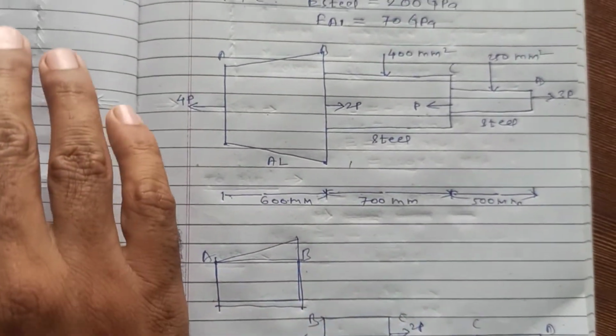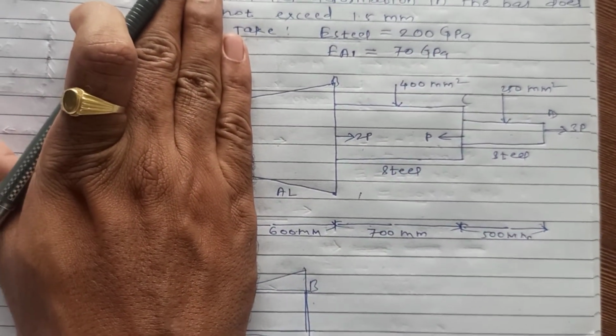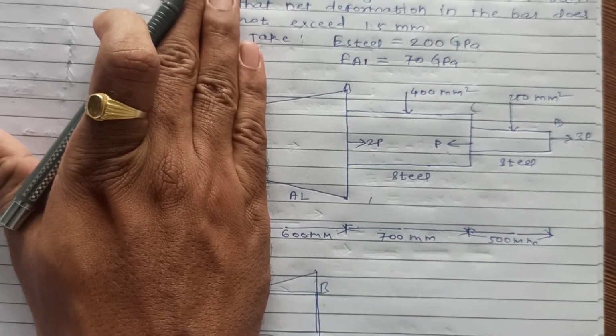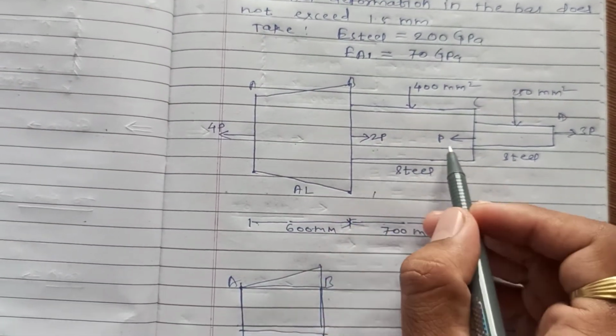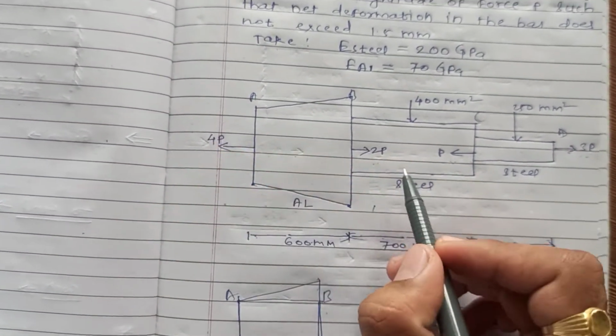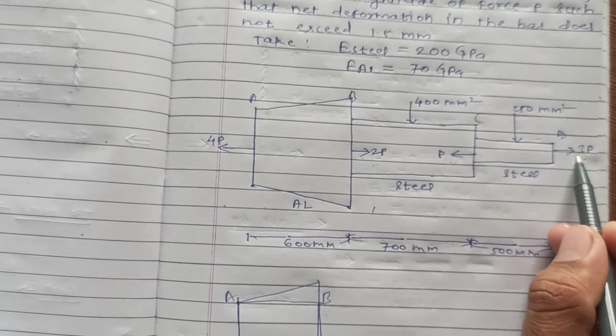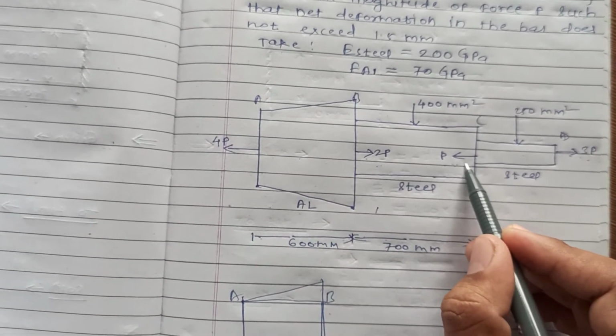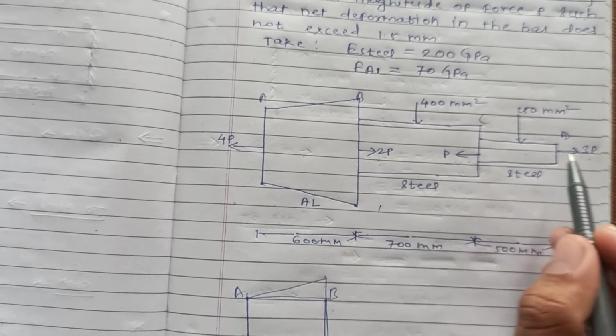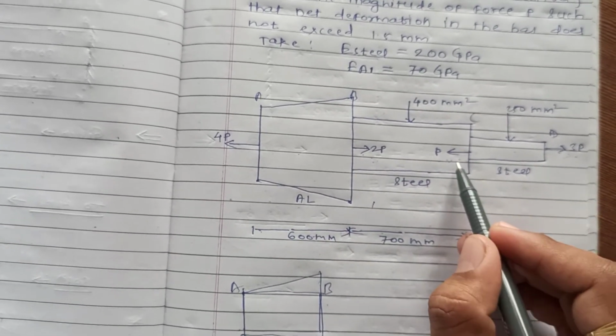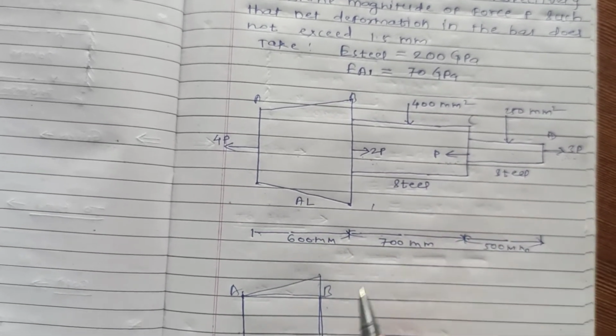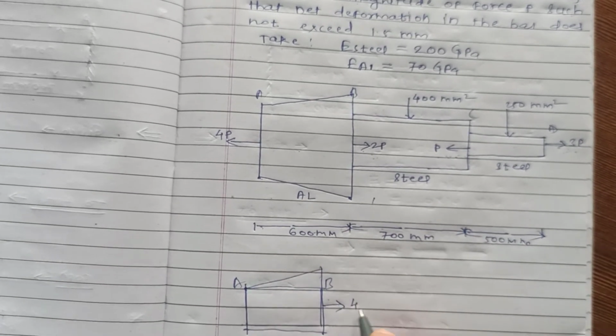Now in the last step, keep your hand here and consider the forces to the right side. There are three forces: twice P, P and thrice P. These are acting to the right side, so add them and deduct this P from these two. So 2 plus 3, that is 5P, minus P, is nothing but 4P to the right side.